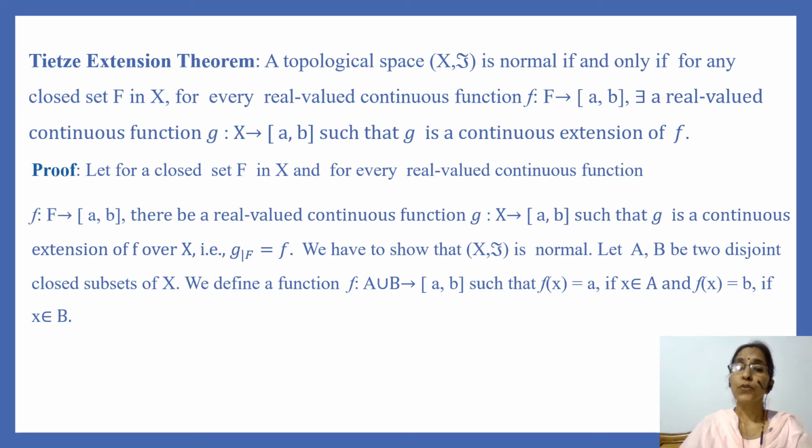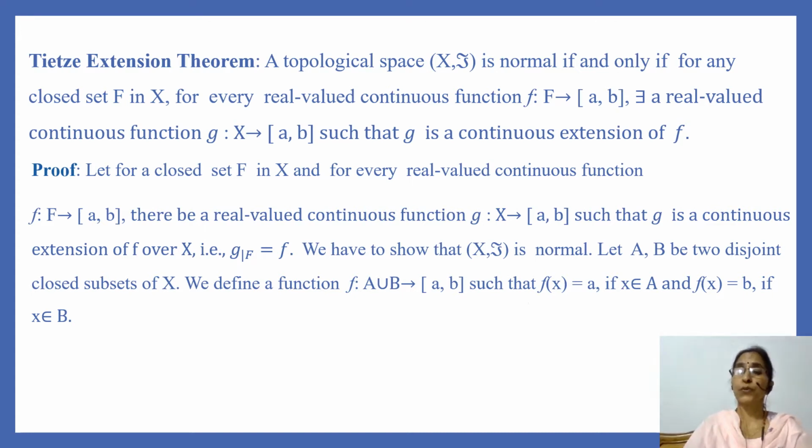Let for a closed set F in X and for every real valued continuous function f from closed set F to closed interval [a, b], there be a real valued continuous function g from X to closed interval [a, b] such that g is a continuous extension of f over X, that is, g restricted to set F is equal to continuous function f.